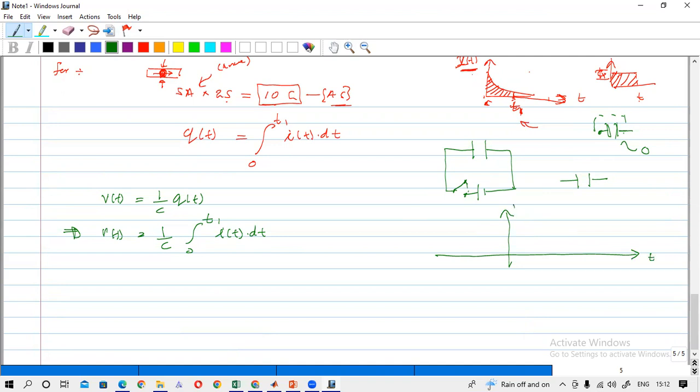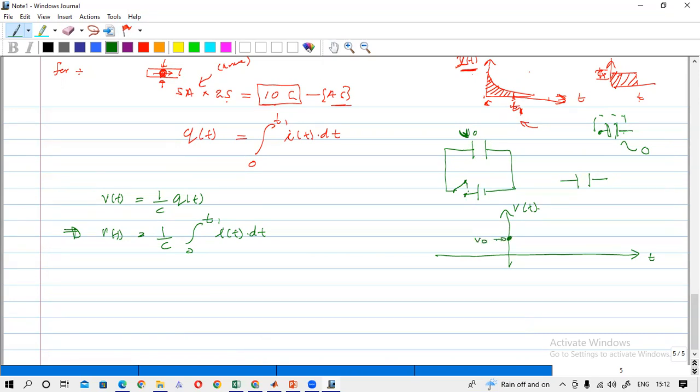T, and this is V(t). Now let's say that this capacitor initially has some charges, so it has an initial voltage value. Let's say it is V naught. So some voltage level is there, V naught.